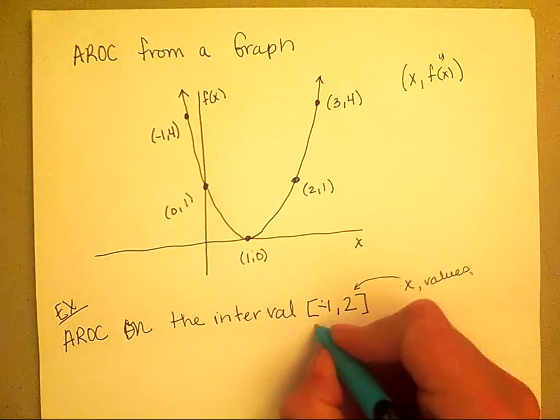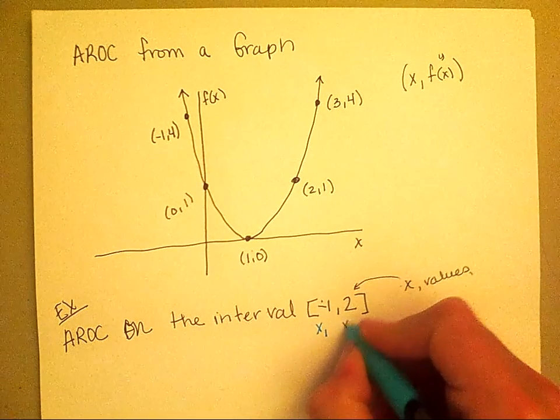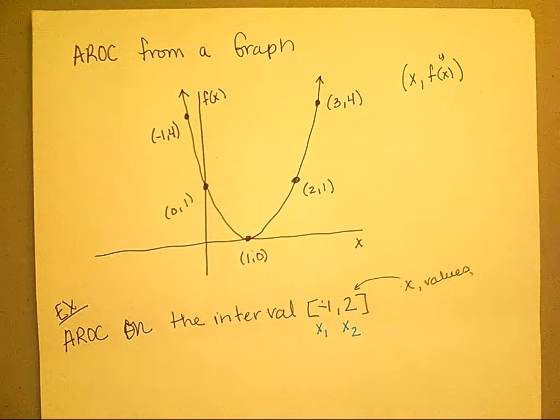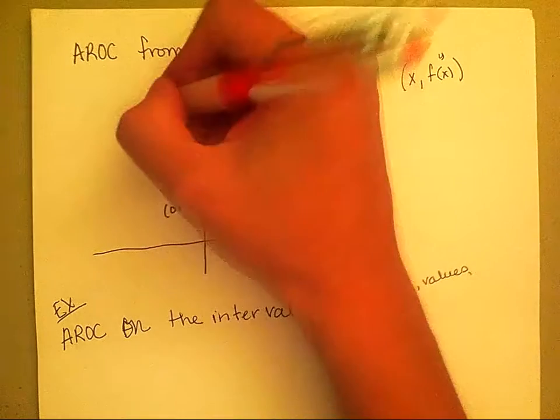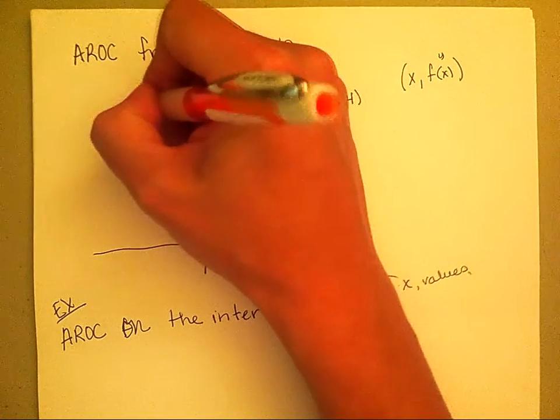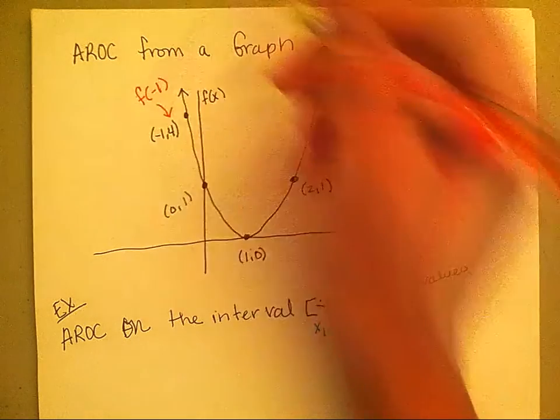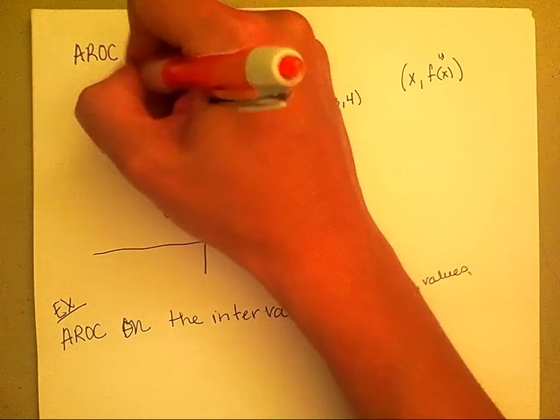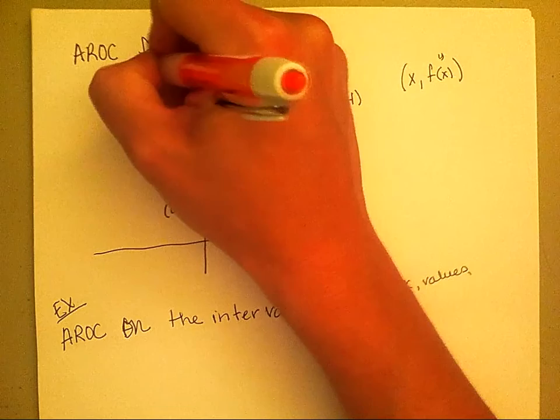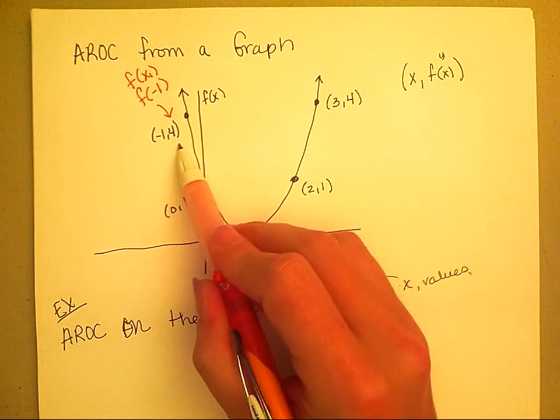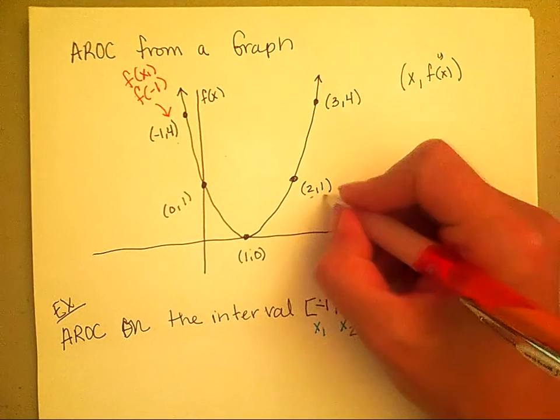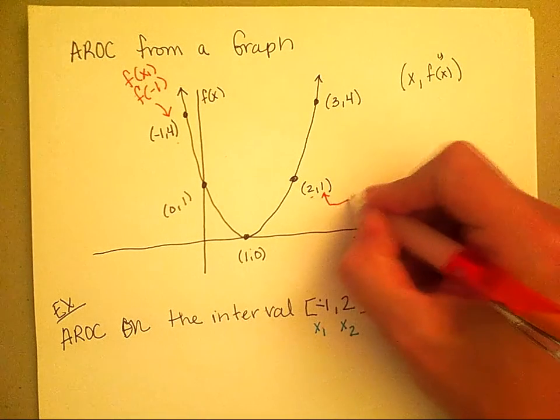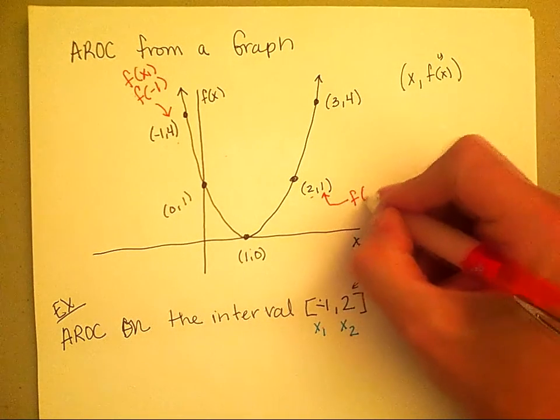So this is interval notation. These are our x values. So what that means is that this is x1 and this is x2. So if I come up to the graph then, if x1 is negative 1, then f of negative 1, or f of x1, is 4.